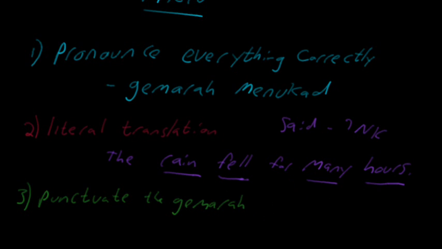The reason this leads in is because if you know what all the words mean, then you'll be able to figure out, sort of like a puzzle, where commas should go.